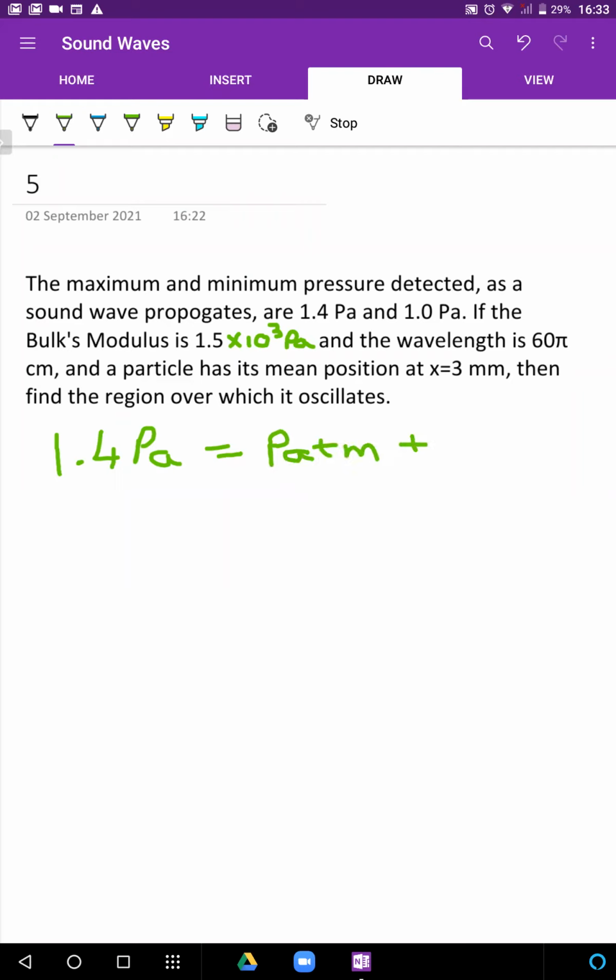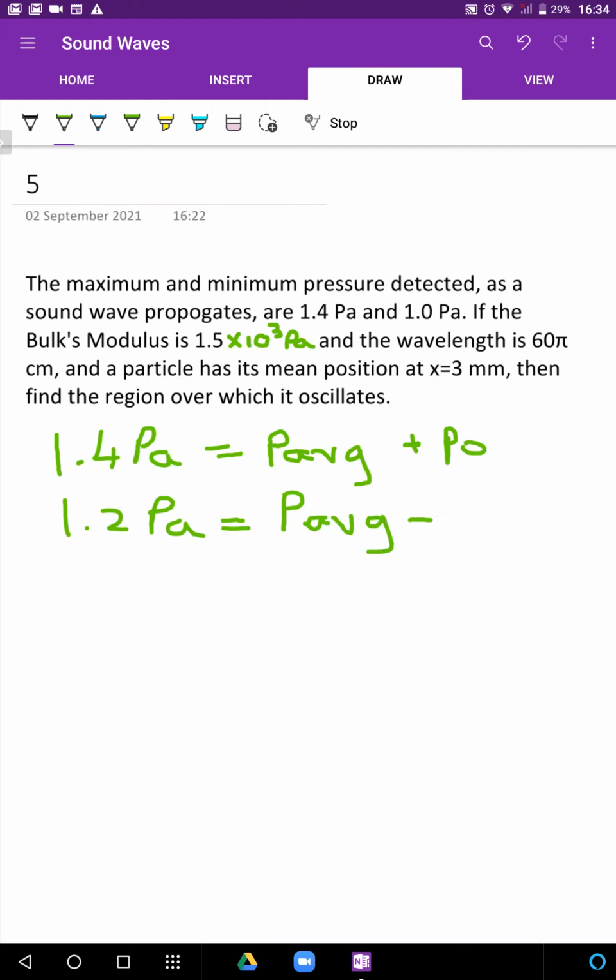In fact, on an average it is 1.2. This is some P average. So average pressure in general is 1.2 Pascal.